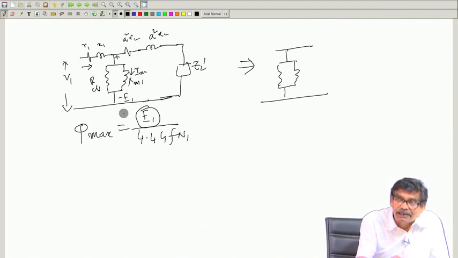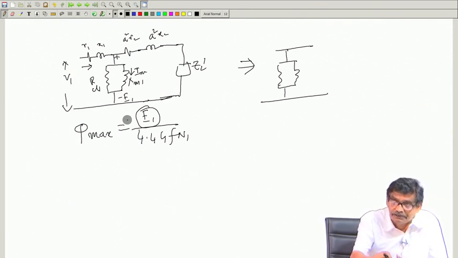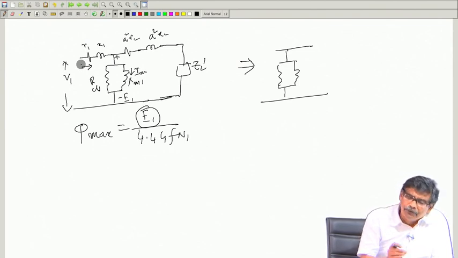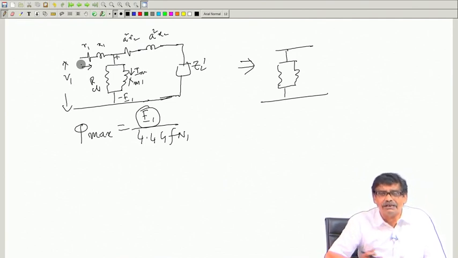So, consider the change in phi max from no load to full load. What is no load? Z2 dash is infinite, it is open, nothing connected. What is full load? You have connected such an impedance that rated current flows, and when rated current flows there will be a drop here. We agree to that, but R1 X1 is small. Therefore, there will be a voltage drop in R1 X1, which will change E1 a little, but phi max will decrease maybe by 2%, 1%, whatever it is.